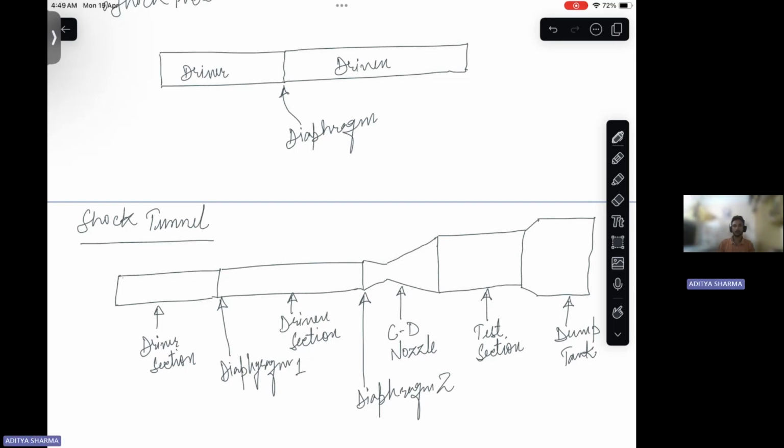So what happens is we pressurize the driver section with the high pressure gas, right? It leads to the burst of diaphragm one, or the rupture of diaphragm one. So this blast leads to a shock wave, right?